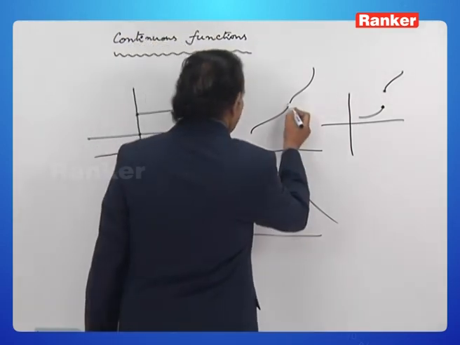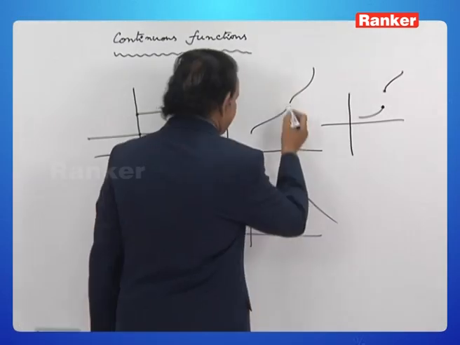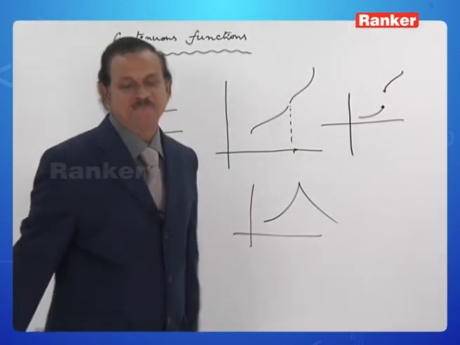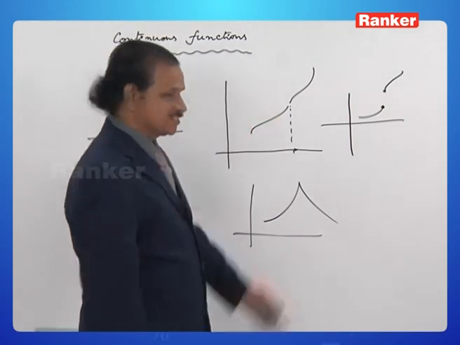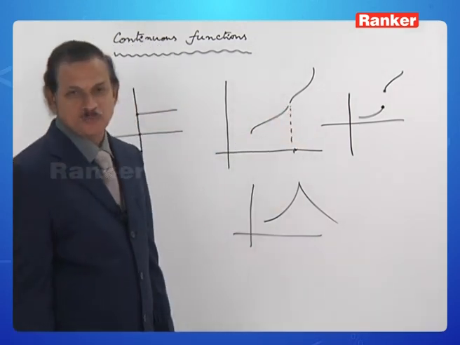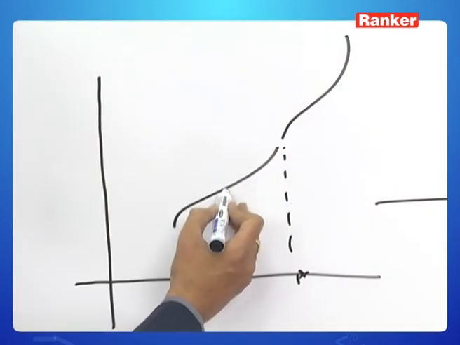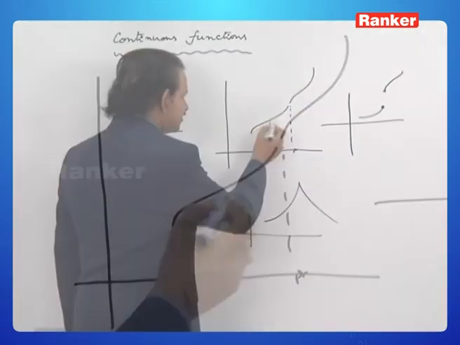Suppose this is the point x is equal to 1. At this juncture, there has been a break for the graph. Clearly the function is discontinuous at this region, at the point x equal to 1. Whereas suppose this is half or 0.7 or something. Here the function is continuous.